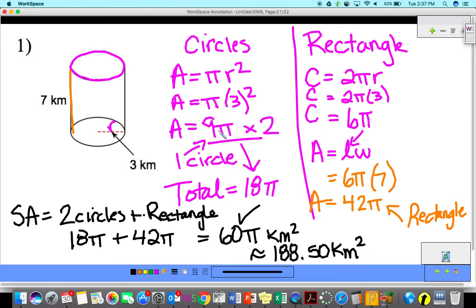If you round earlier, there's the potential to round in a way that would make this off by 1 or 2 decimal places. Please keep everything in terms of pi until you add them together at the end. These are like terms, you can put them together.